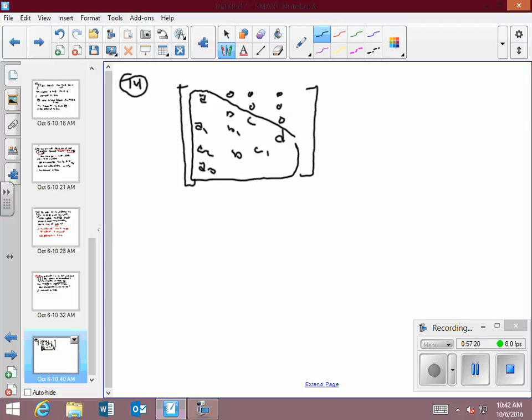It says when is a square lower triangular matrix invertible? Justify your answer. Well, by row operations, you can interchange your rows.